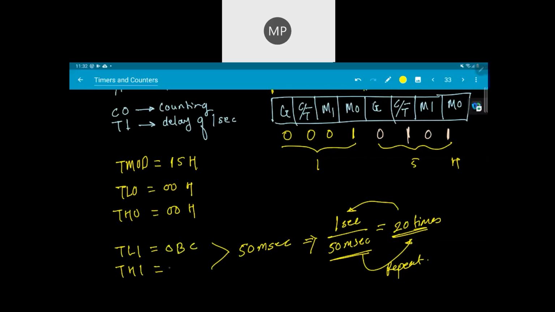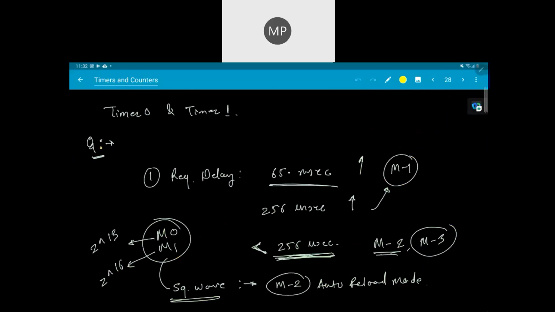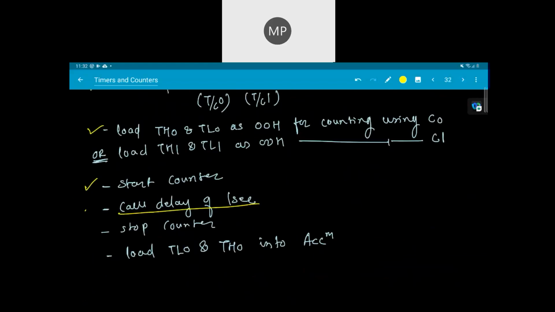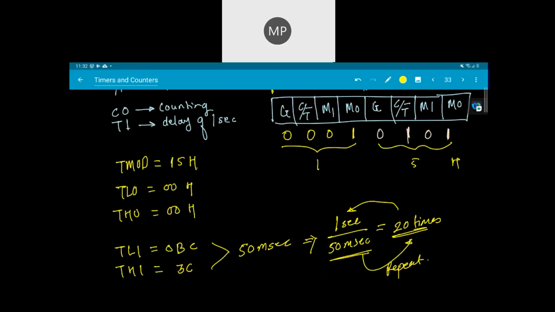What was the value of TH1? Was it 3C, TH1 and 0BC, TL1? Okay, so these are the values in hex for 50 milliseconds. Now the problem has been solved, right? We just need to write the code. Let's go and write the code for this.